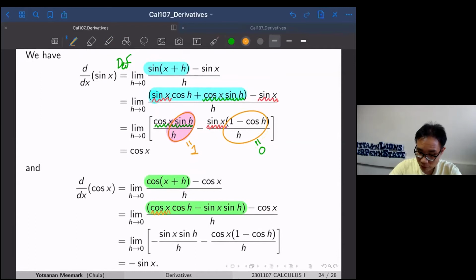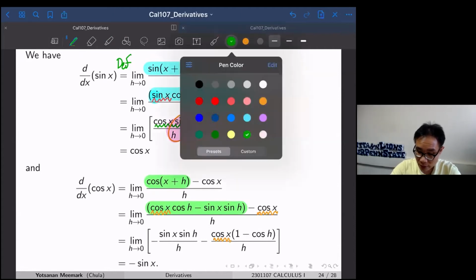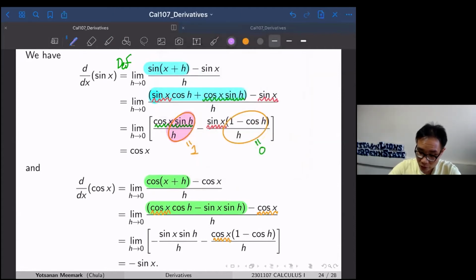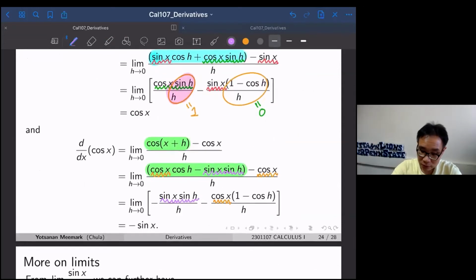So you have cos x that I can group together. Okay, and you have sine x sine h, and this is this term. Okay, and the same thing happens here, 1 minus cos h over h.